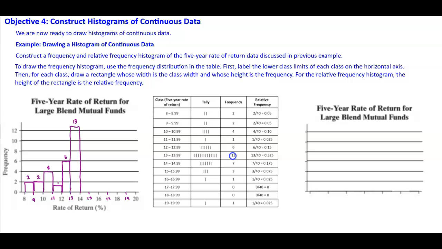Then we have 14 to 14.99, which is 7. And between 15 and 15.99, it is 3. Then between 16 and 16.99, we have 1.